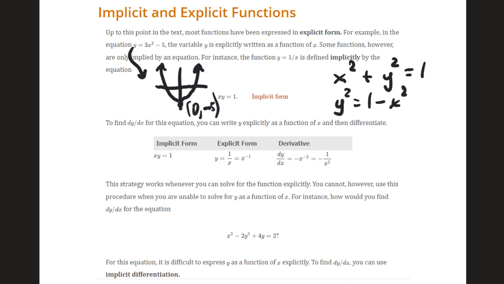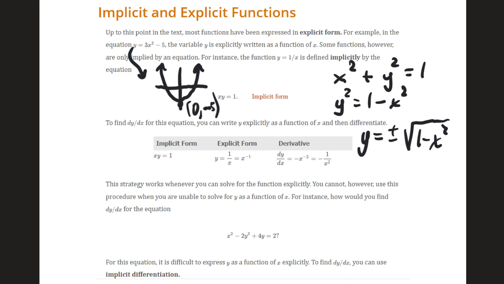In order to isolate that, we would have to take the positive and negative square root of 1 minus x squared. A circle won't pass a vertical line test, but it's still possible to find the rate of change anywhere on it. And this is where implicit differentiation comes in.